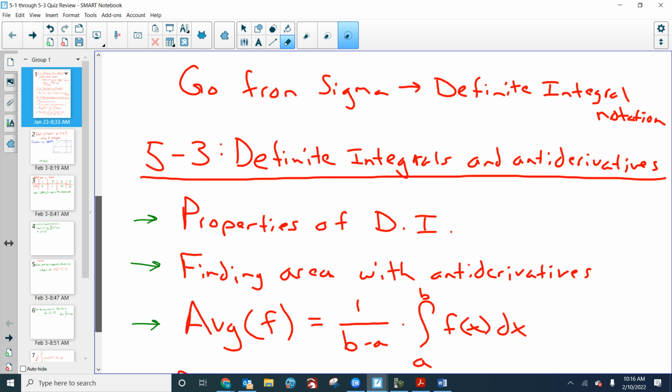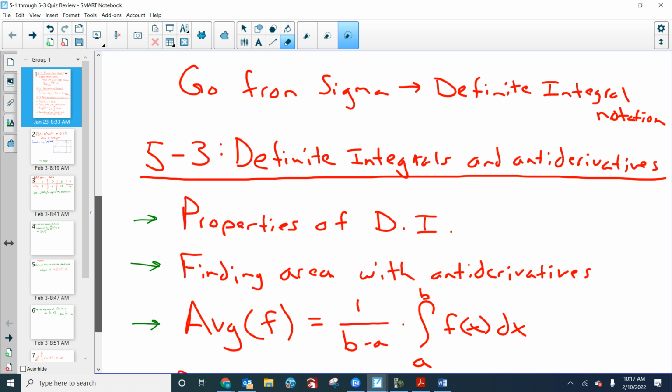Is the integral of 3f of x dx from a to b the same as 3 times the integral? Let me say it again. 3f of x dx inside the integrand. Is that the same as 3 out front times the integral of f of x dx?